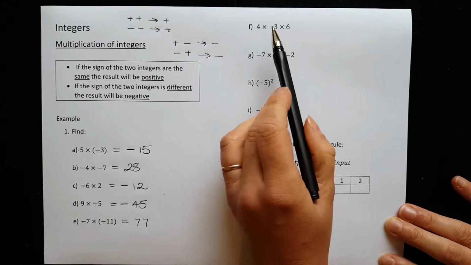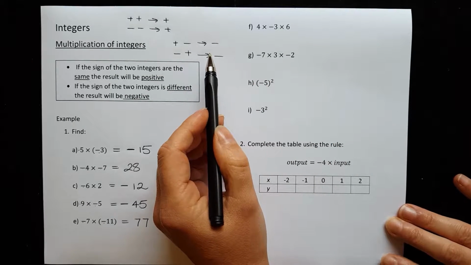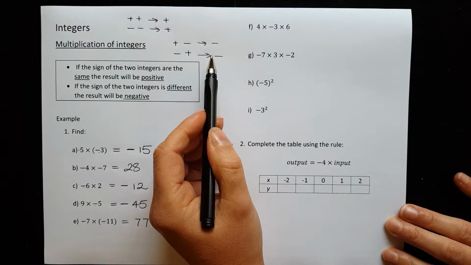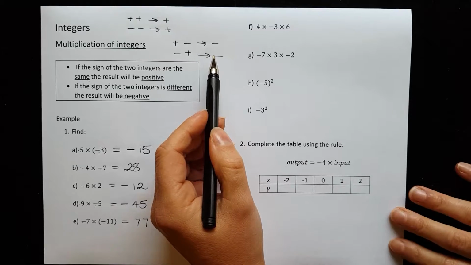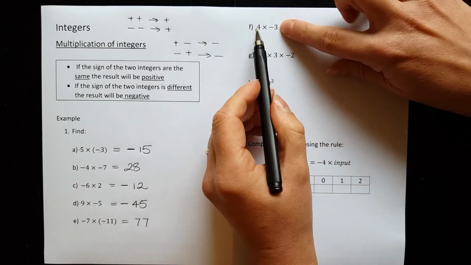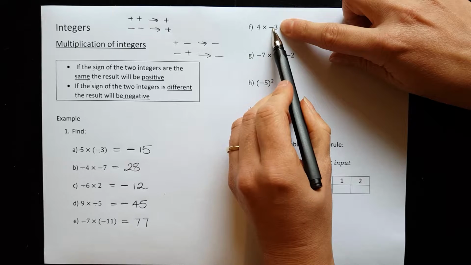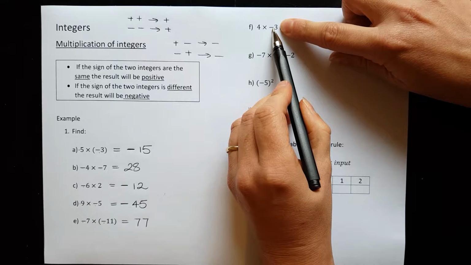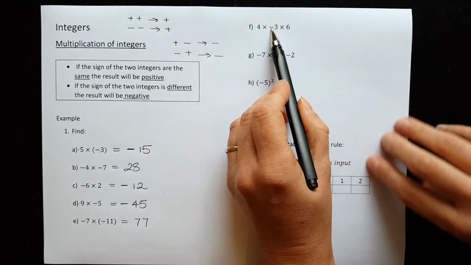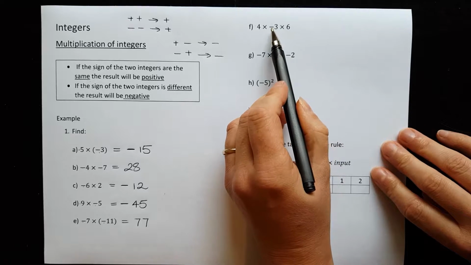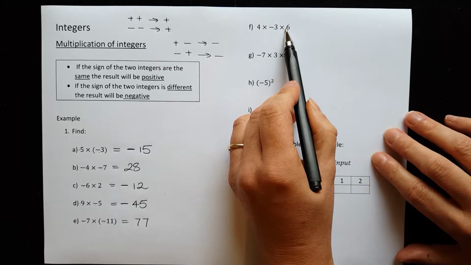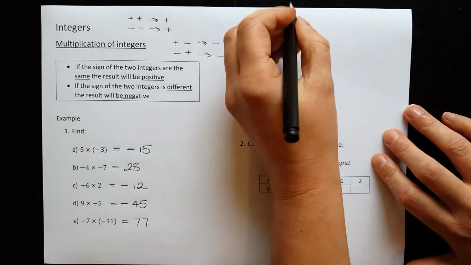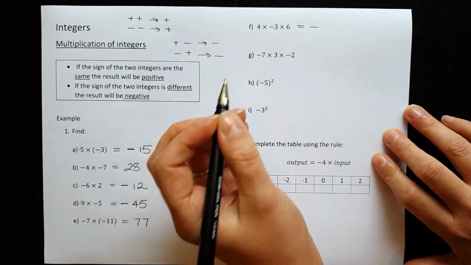Now we can actually do this for more than just two numbers, but we have to work out the sign for each step along the way. So first of all, let's do the first two. A positive and a negative makes a negative. So I have a negative and I'm going to multiply that by another positive. So it's a negative and a positive makes us negative still. So that is going to be a negative answer.